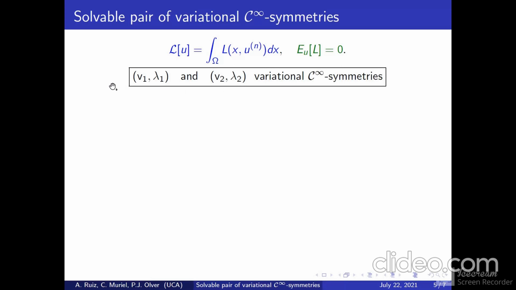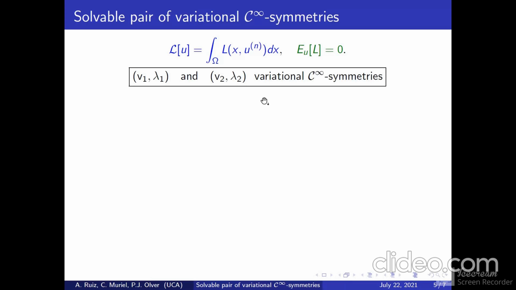And now we assume that the variational problem admits two variational C-infinity symmetries given by these two pairs, where remember that V1 and V2 are smooth functions defined on the base space M, and lambda 1 and lambda 2 are two smooth functions which depend on x, u, and u1.